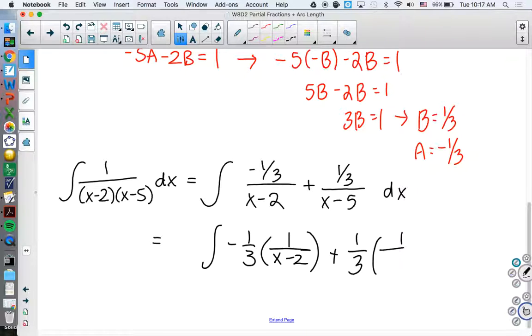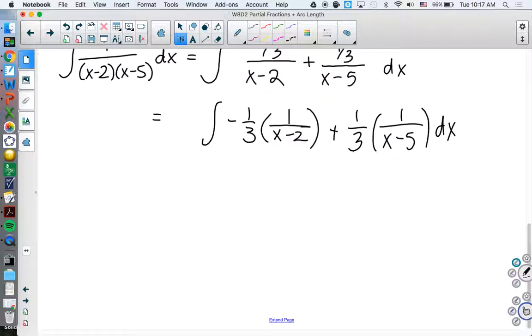And you guys already showed in the warm-up, the antiderivative of 1 over x minus 2 is just... what's the antiderivative of 1 over x minus 2? Michael.